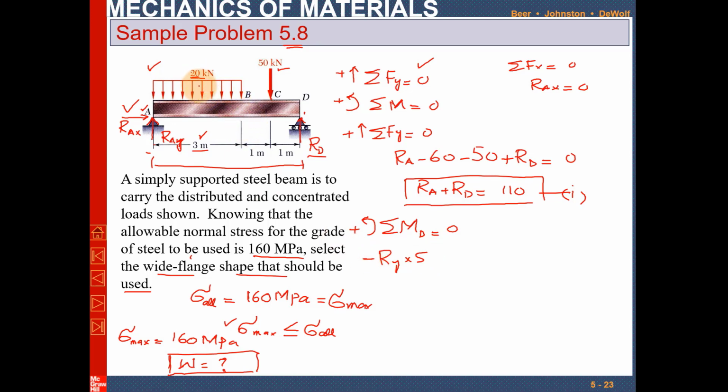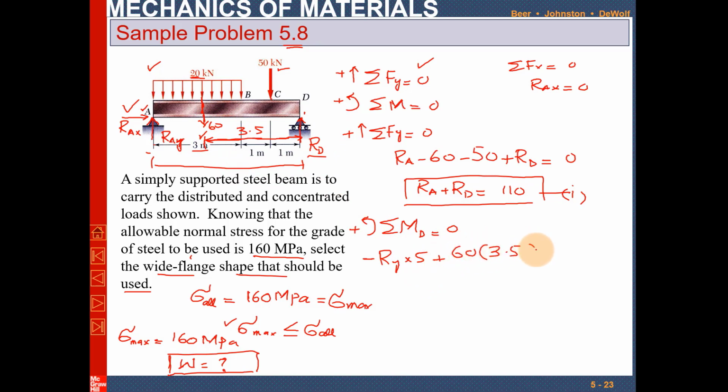Now there is a uniformly distributed load that is 60, and it is acting in the middle. So the perpendicular distance will be 1.5 plus 1 plus 1, so 3.5. From this point to this point, this distance is 3.5. Again this is producing a counterclockwise rotation, so that will be positive.